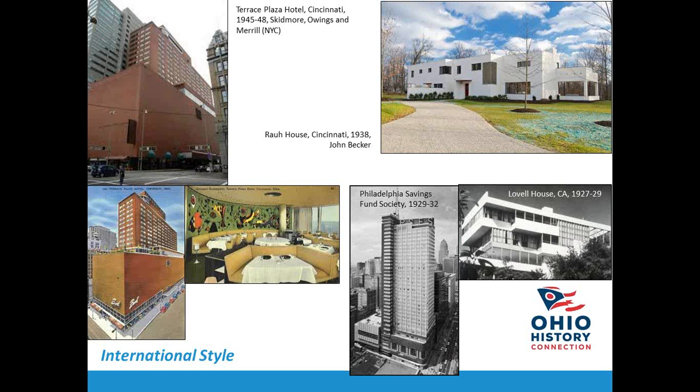The Rowell House up in the right-hand corner is another Cincinnati example of this international style. Again, we see the characteristics of flat roof, asymmetrical elevations, brick walls in this case with white stucco, the corner windows, just overall that asymmetric emphasis on the volume, smooth surfaces.